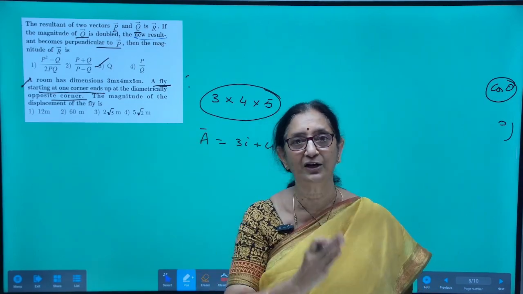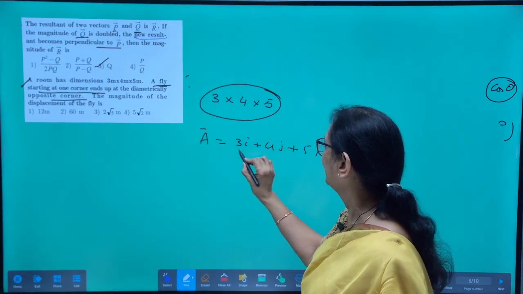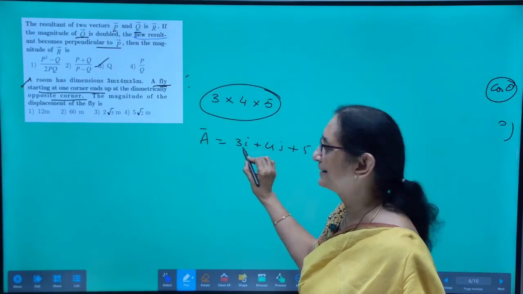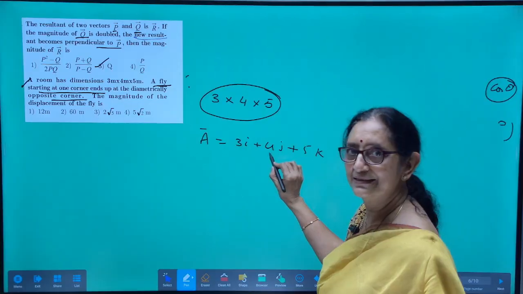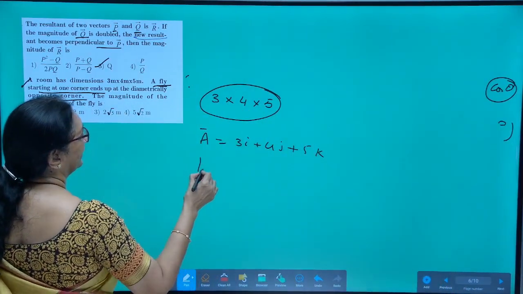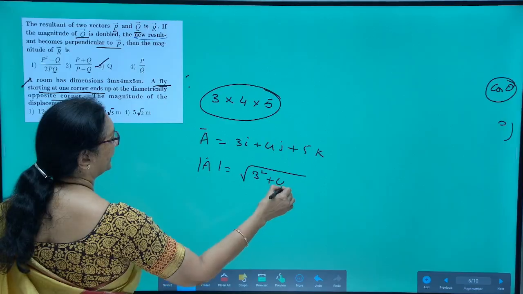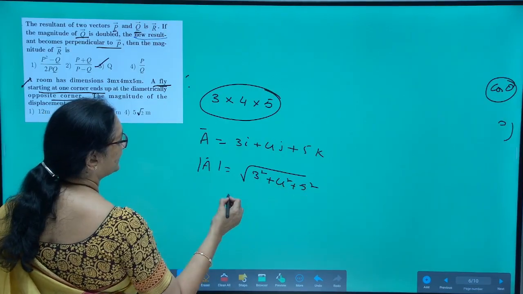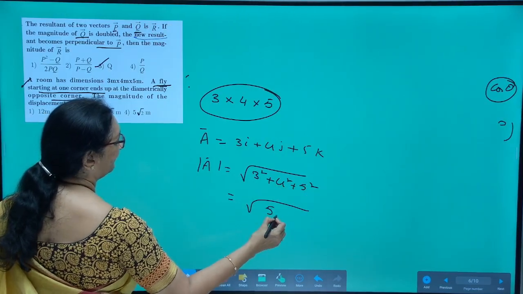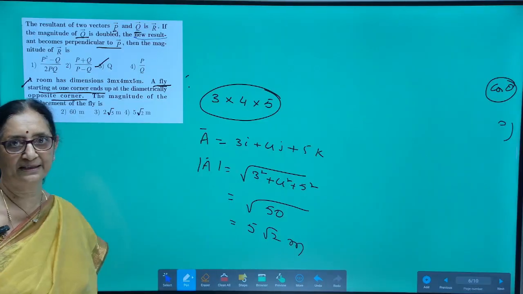Suppose you write this in vector form, A bar is equal to 3i plus 4j plus 5k. That is the diagonal, because its length along the x-axis is 3, along the y-axis 4, along the z-axis 5. So what is the formula for its magnitude? It is simply root of 3 square plus 4 square plus 5 square. It is root 50, or 5 root 2 meters, right?